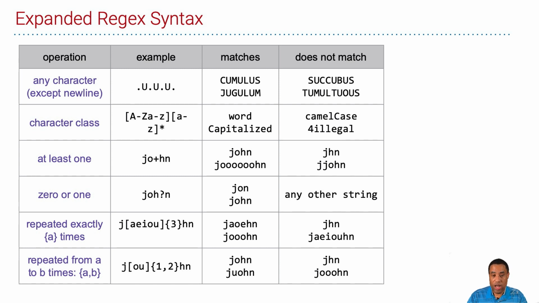And so J-O-H-N would be one example where O is selected and repeated once, or J-U-O-H-N where we selected both O and U, and there are 2 that were selected from that class. But J-H-N won't match because we need at least 1 from the class, and J-O-O-H-N won't match because that's 3 from that character class, not 1 and not 2.